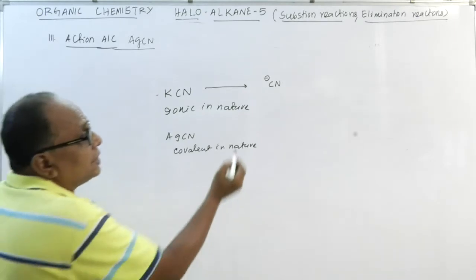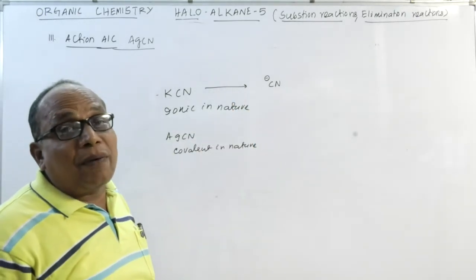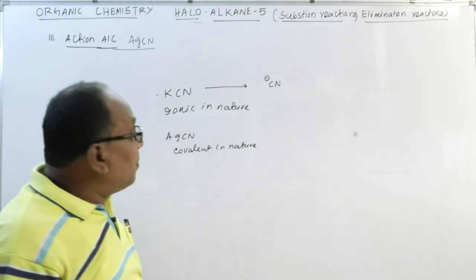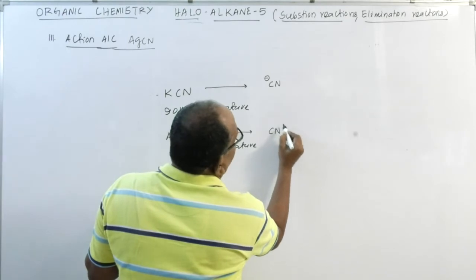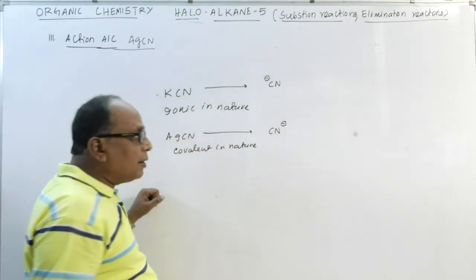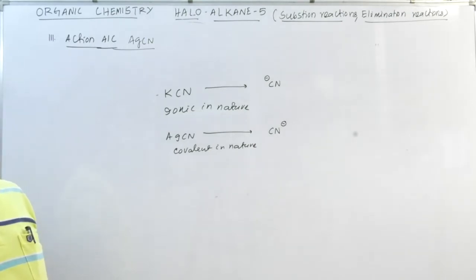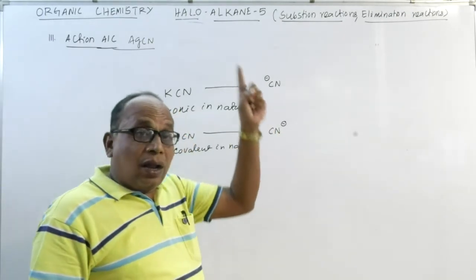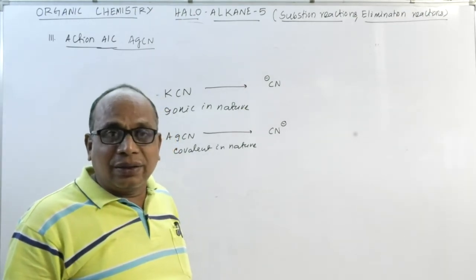That's why this carbon will attack the positively charged carbon atom of the alkyl halide. But AgCN is covalent in nature, the negative charge is carried by nitrogen, and this nitrogen will attack the positively charged carbon of the alkyl halide.